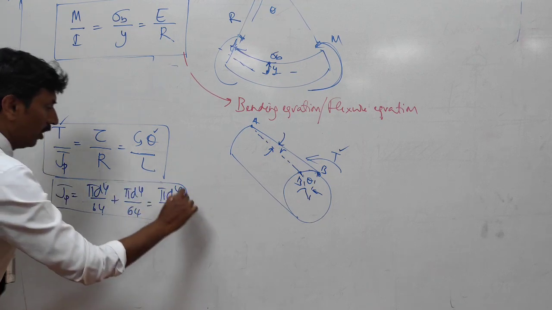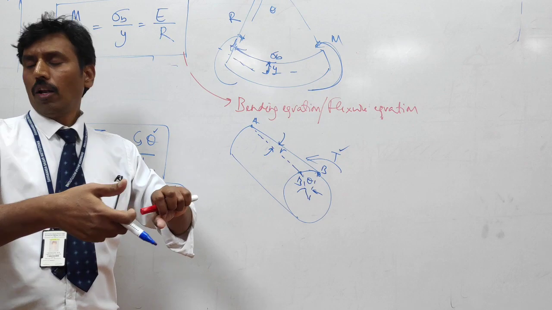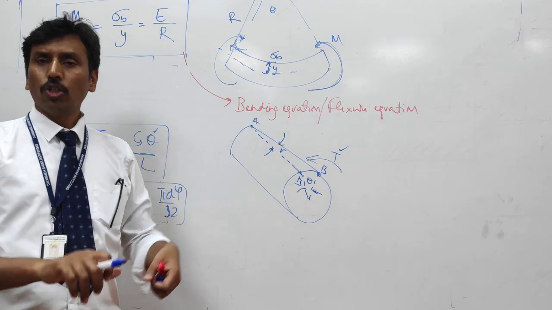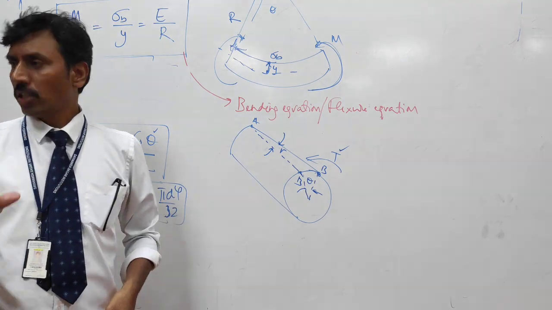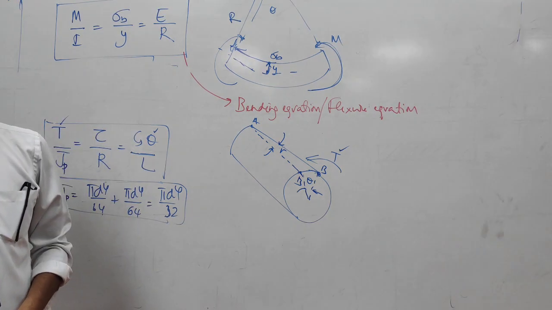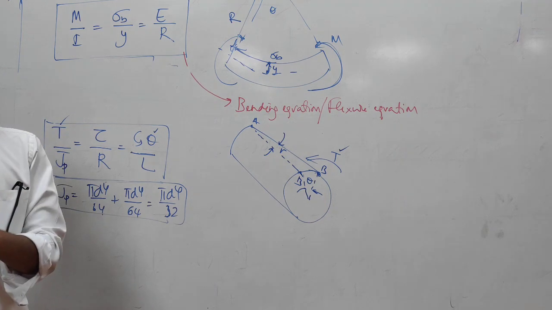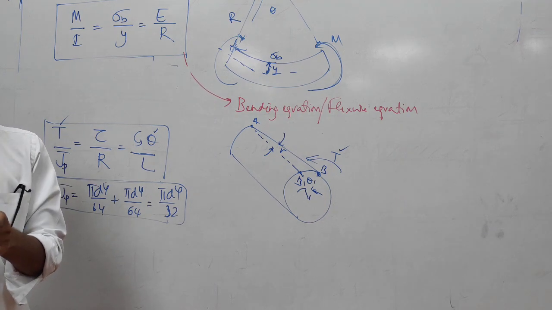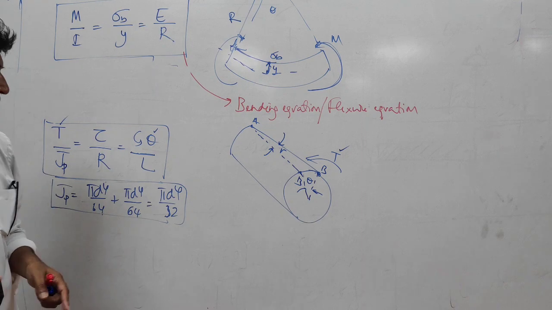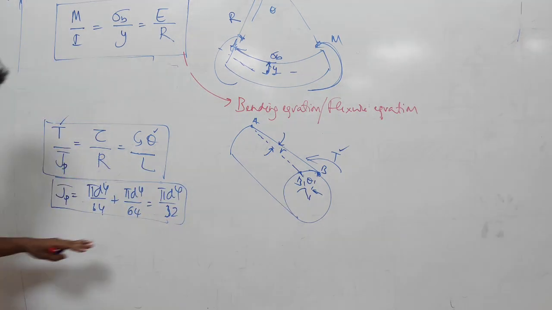In most cases of applying torque, nobody uses a square shaft or a rectangular shaft. Everybody uses a circular one. Shaft means usually circular. It is the sum of the moment of inertia about the x-axis and y-axis.